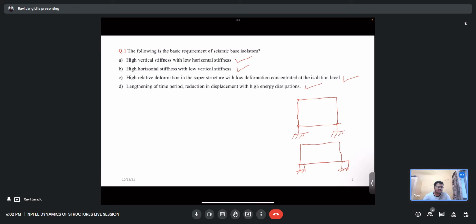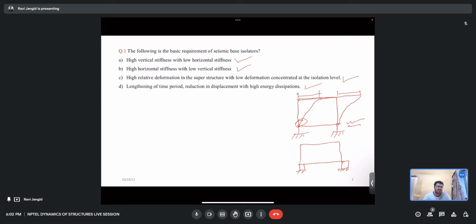For the horizontal ground motion, the structure will deform during the earthquake. There is a deflection in the columns. If we consider the beam as rigid, there may be some damage in the columns.